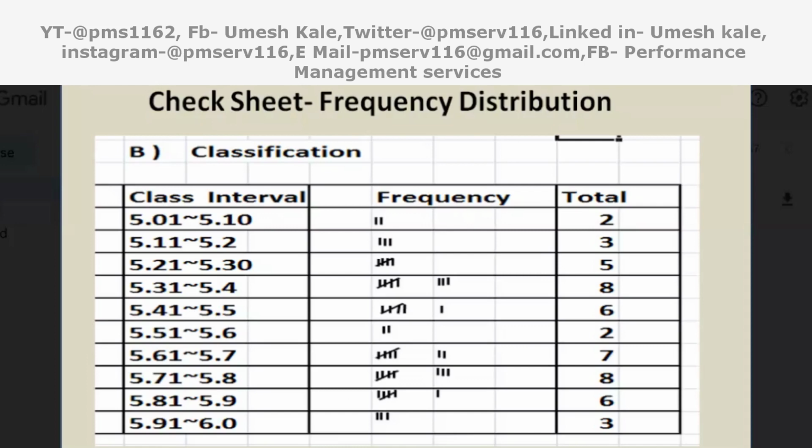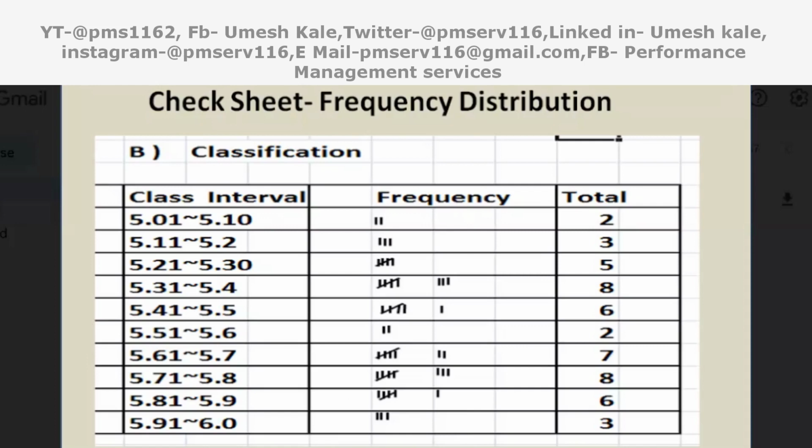If you look at how many observations are in the first class interval, there are 2 observations. By preparing this kind of tally lines, we can present our data. For the 2 observations in 5.01 to 5.1, you draw 2 lines in this way.